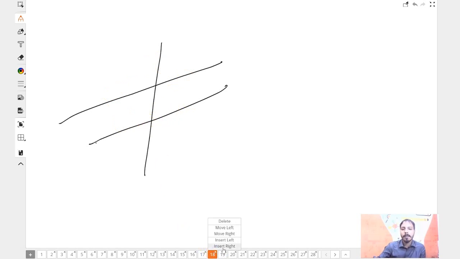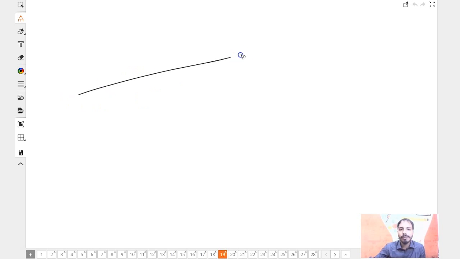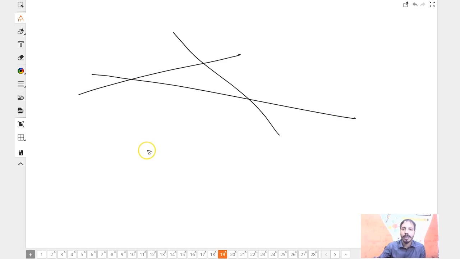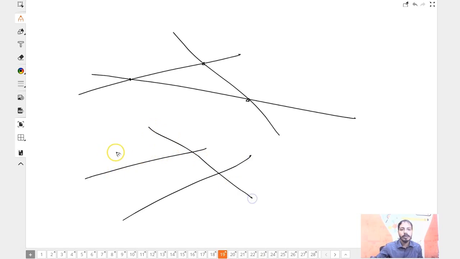Second application, say you have 1 straight line, the other straight line is not parallel, and the third straight line is also not parallel to either of them, and you get 3 intersecting points, and these 3 straight lines form a triangle. Similarly, if you have 4 straight lines which are not parallel to each other, none of them is parallel, you get a quadrilateral.